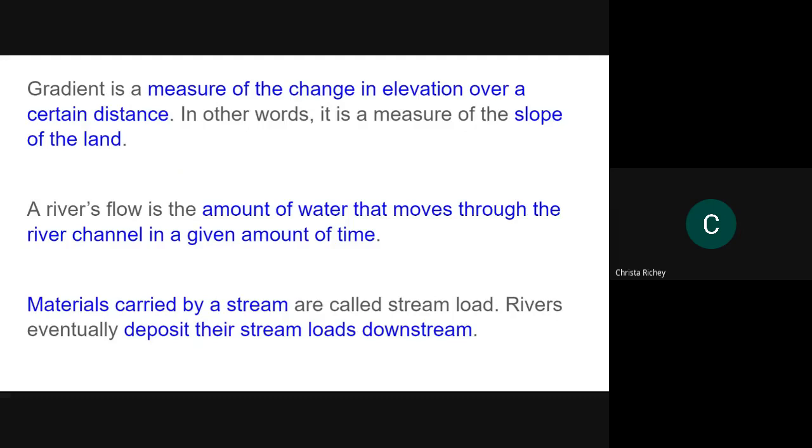Rocks, dirt, silt, logs, leaves, all the stuff that gets carried down with the water is a stream load. Eventually, they're going to deposit things as far downstream as possible, and those things are called deltas. That's where your stream is going to meet your body of water, whether it be the ocean or lake.